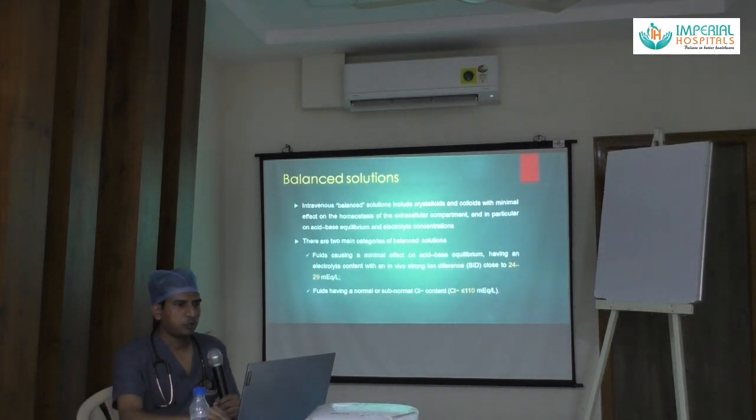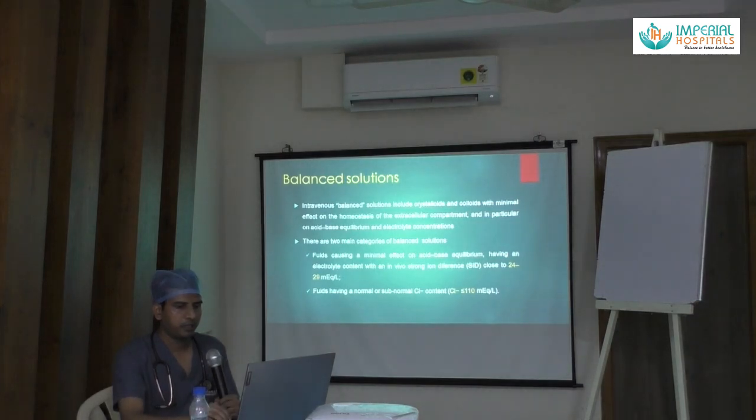Coming to balanced solutions: when is a fluid called a balanced solution? Balanced solutions include crystalloids and colloids with minimal effect on homeostasis of the extracellular compartment, and in particular on acid-base equilibrium and electrolyte concentrations. It should maintain electrolyte neutrality and acid-base neutrality when we give it.